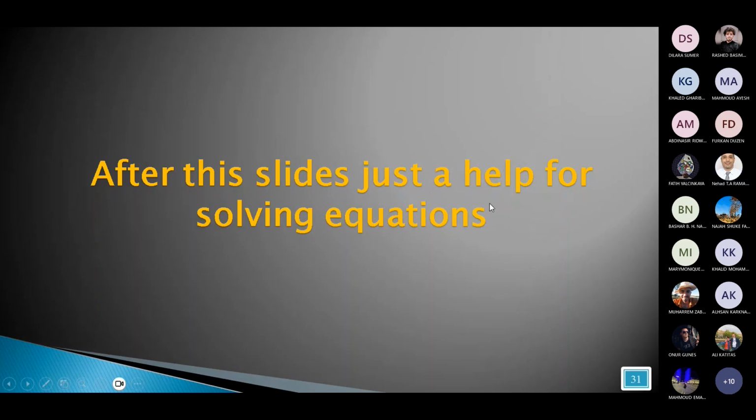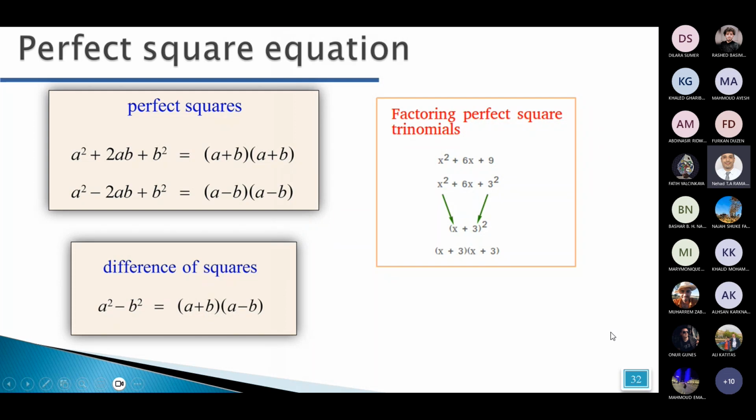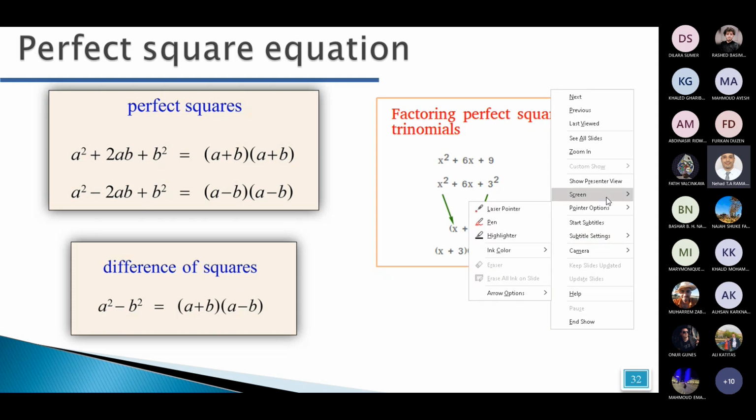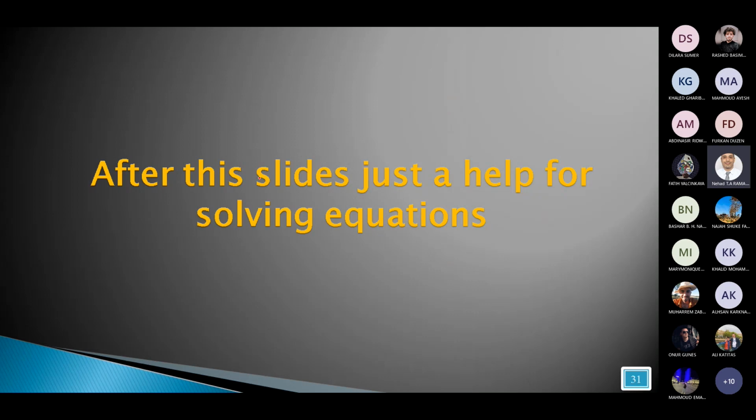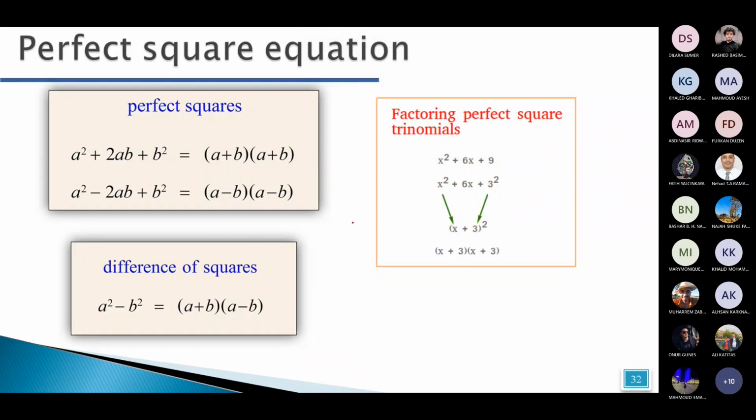From slide 31 until the end, it's only how to solve equations that you already learned in school, just as a review.